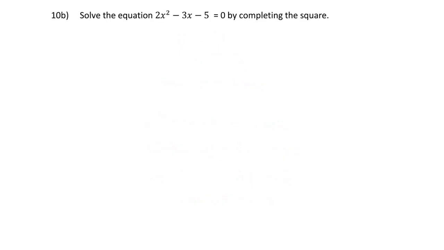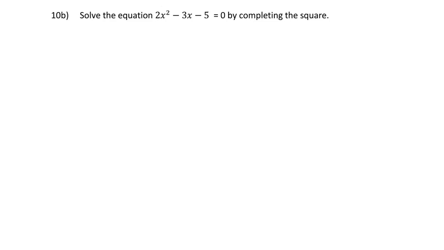Part B of the question. Solve the equation 2x squared minus 3x minus 5 equals 0 by completing the square. Okay, so to approach this problem by completing the square, we first divide each term by the coefficient of x squared, which is 2, in order to get 1 as the coefficient of x squared.